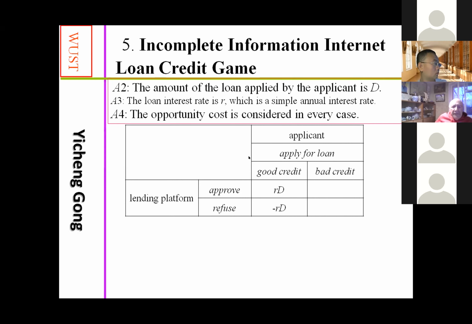So for the application of a good credit applicant, if the lending platform approves the application, then the lending platform will earn the profit RD, where R is the interest rate and D is the amount of loan.